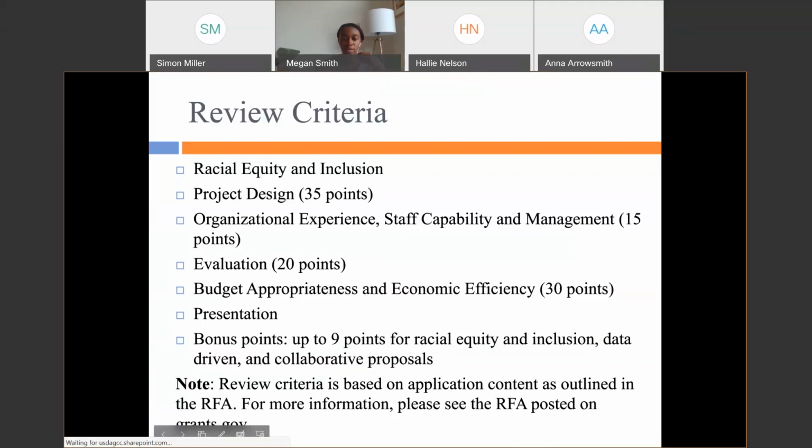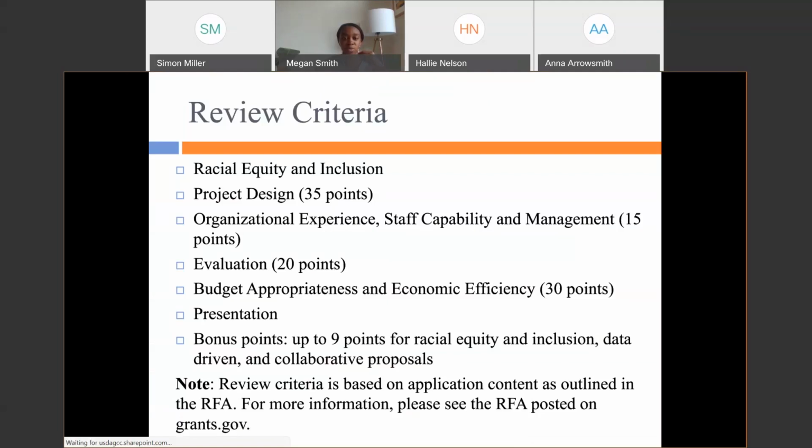A review panel will be convened to evaluate proposals that are successfully submitted to grants.gov by the deadline. The review criteria will include the following sections: racial equity and inclusion, project design, organizational experience, staff capability and management, budget appropriateness and economic efficiency, and additional bonus point sections.